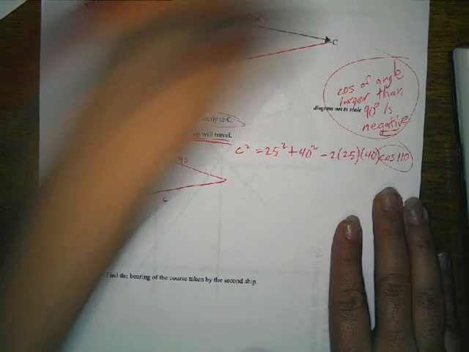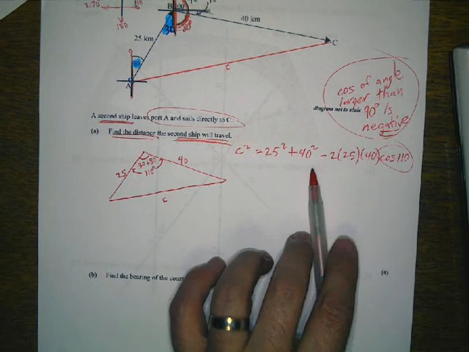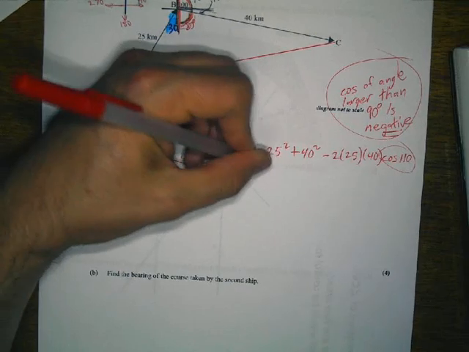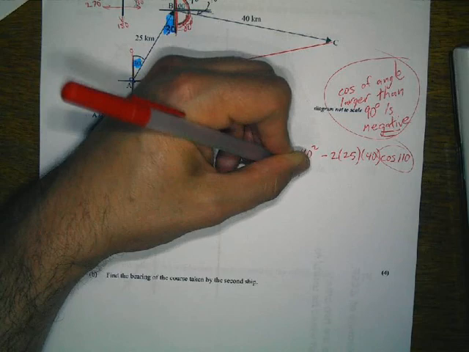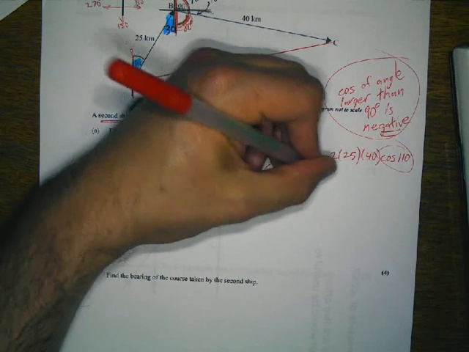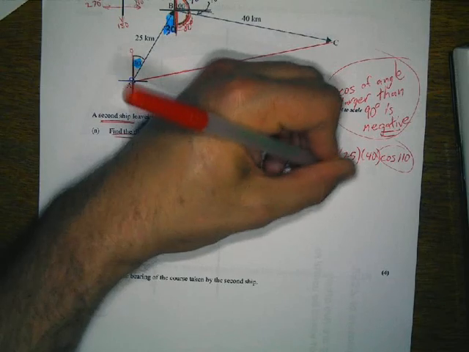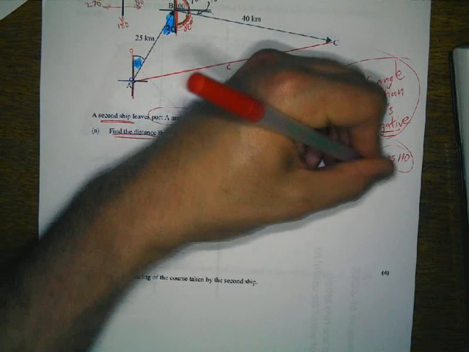If you're going to make a mistake, that's the mistake people are going to make. Anyways, I plug this into my calculator. I get 625 plus 1,600 minus 2,000 times cosine 110.